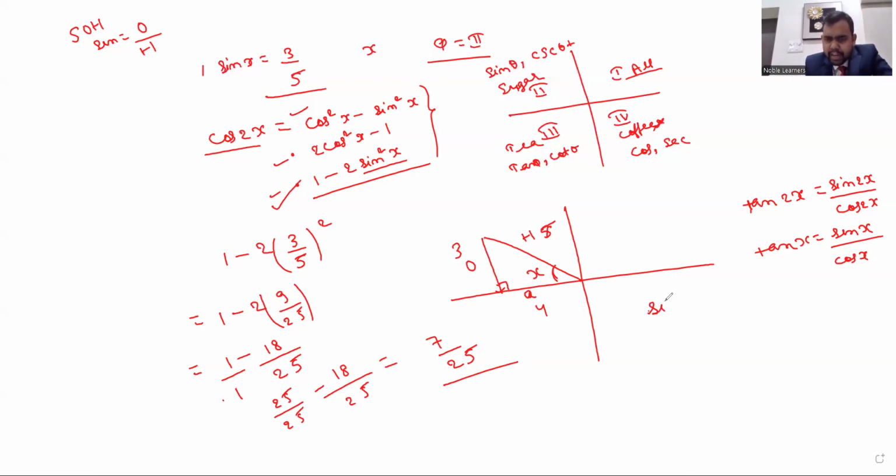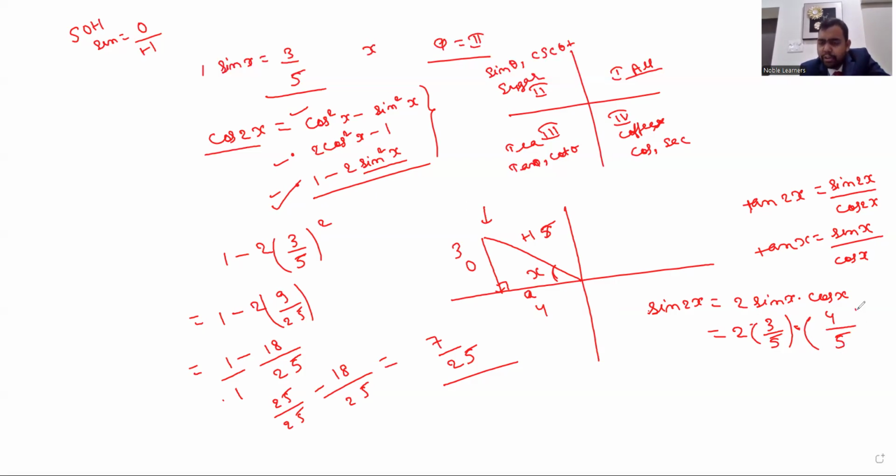When you find sine 2x, the formula is 2 times sine x into cosine x. Now let us put in this formula. 2 times sine x, the value is already given, that is 3 upon 5. For cosine x, you need to use the triangle. Cosine is adjacent over hypotenuse, so my adjacent is 4 and my hypotenuse is 5.